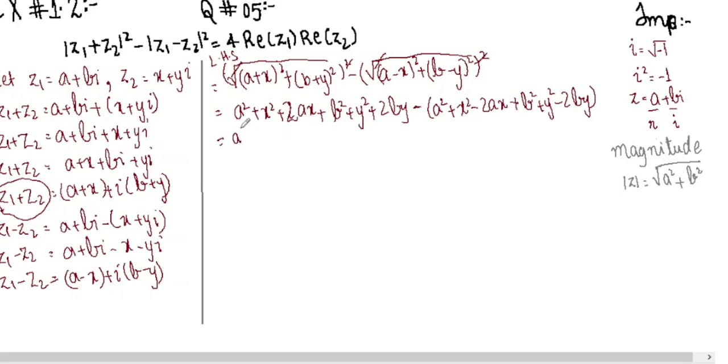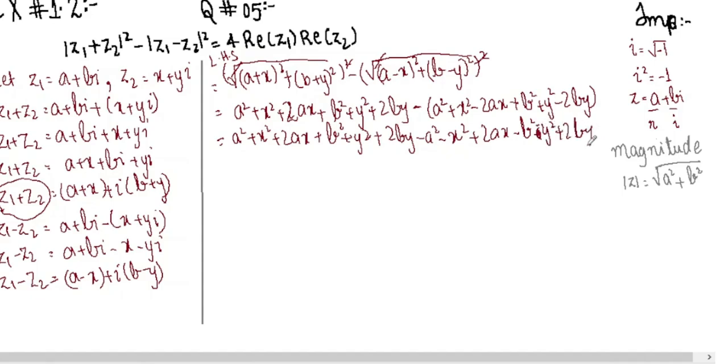Now a square plus x square plus 2ax plus b square plus y square plus 2by minus a square minus x square plus 2ax minus b square, sorry, it's again minus y square plus 2by.